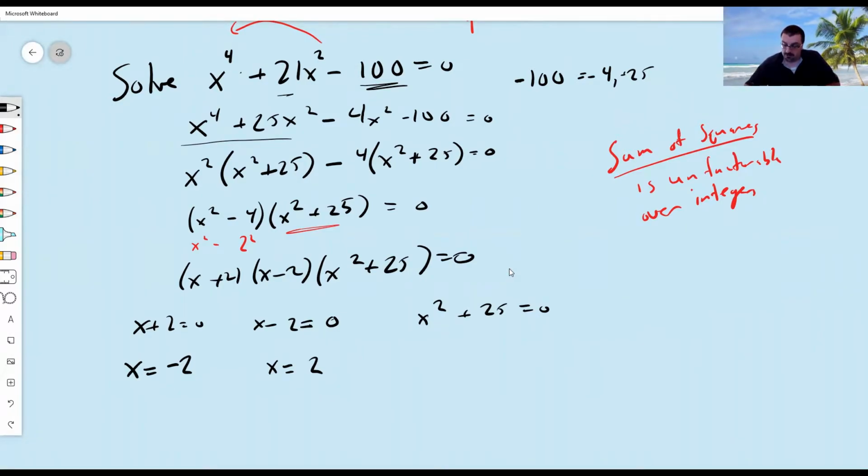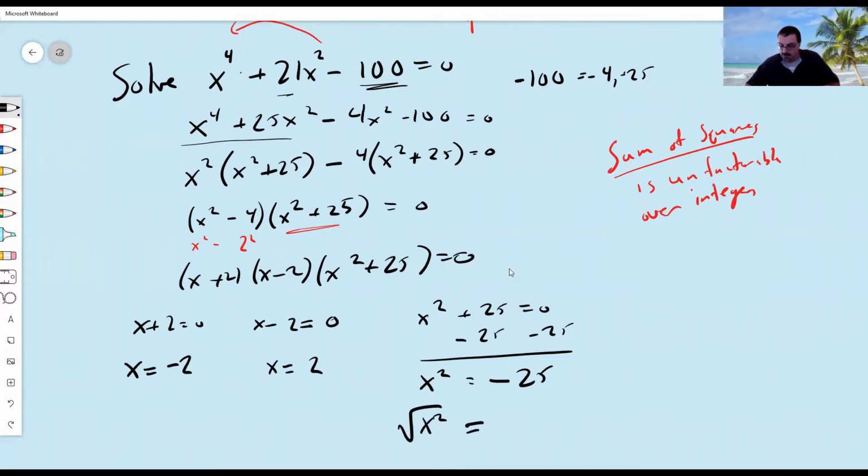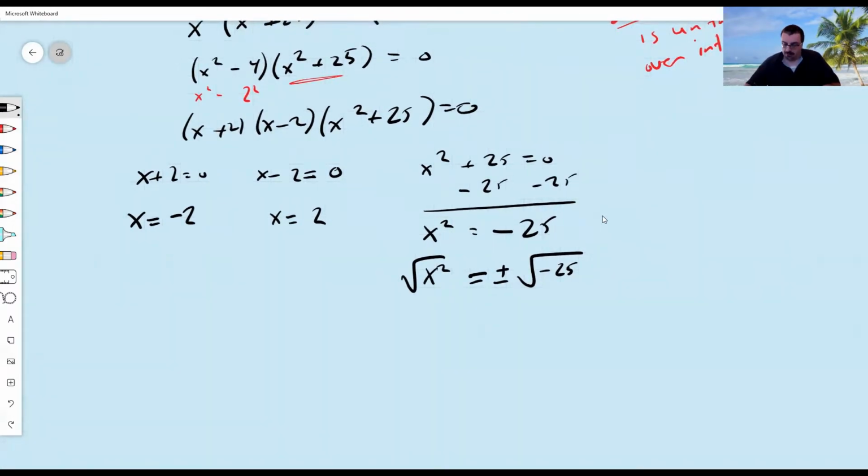So subtract 25, x squared equals minus 25. To get rid of a square, we square root. So square root of x squared equals square root of minus 25. Remember, whenever you take the square root of both sides, you have to put a plus or minus. So x equals plus or minus.